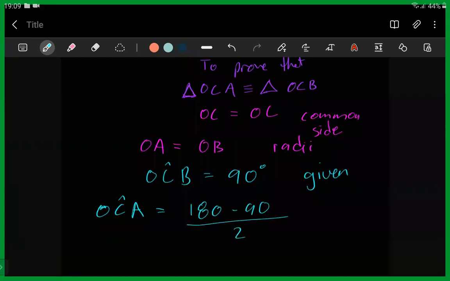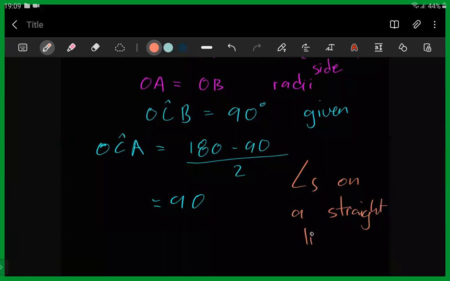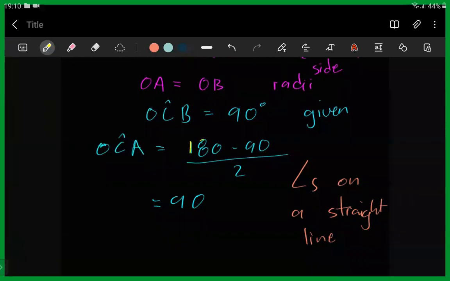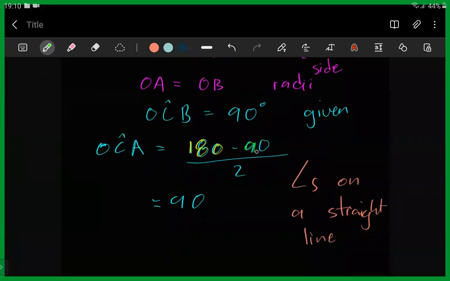Now, your reason for stating this, you're just going to say here, angles on a straight line. You see, the key thing here is, firstly, angles on a straight line add up to 180, right? And the other side is equal to 90.